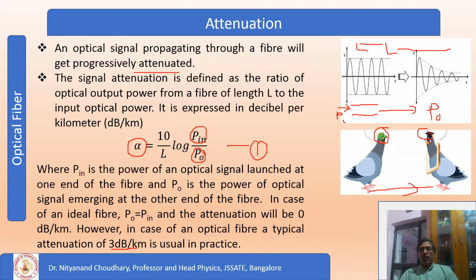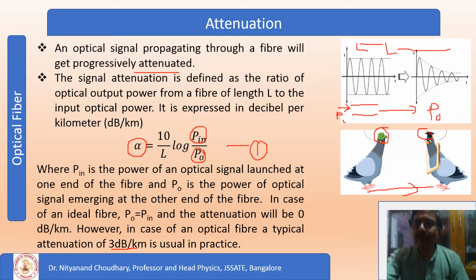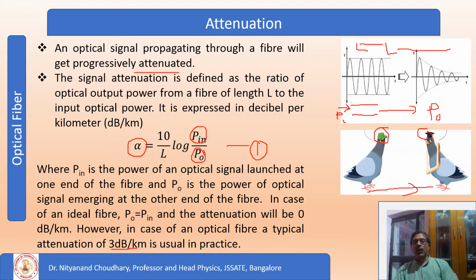All right. Now in the next slide, we are going to see what are the reasons for the attenuation. Naturally, the signal is going to pass through the optical fiber, which is a pathway, and that pathway may have different properties. As if you are traveling on a road, your speed is going to depend on many factors.